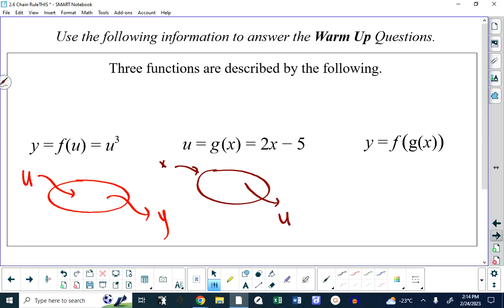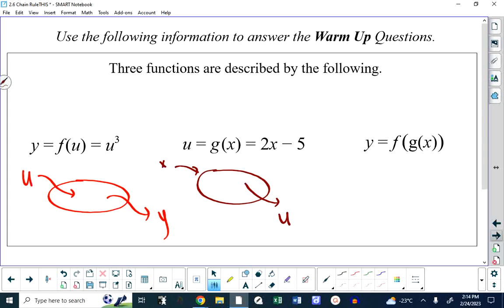If I say that u is a function of x, and I'm just using the letter g here because I don't want to repeat the same letter, that simply means u can be calculated if I know x. And some of you are going to start to see, if you finish 30-1, we're talking about a composite function here. Okay? And those of you that are in it right now don't worry about that.